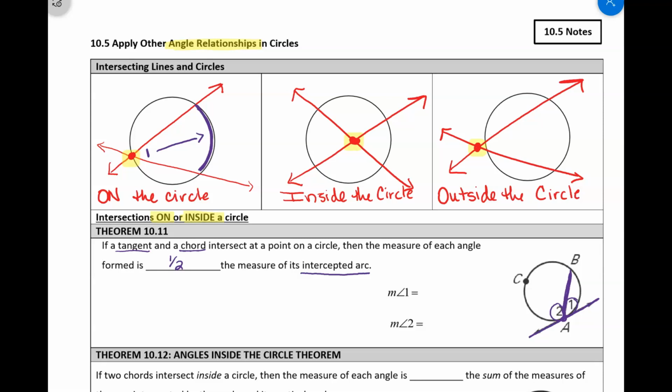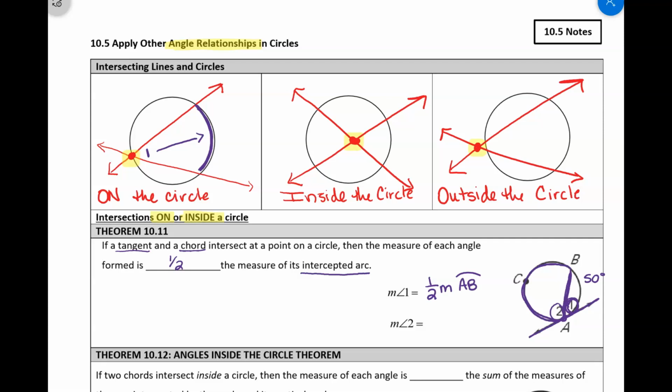So if I have 1, let's focus on 1 first. The measure of angle 1 is going to be 1/2 the measure of arc AB. So if this was 50 degrees, then angle 1 would be 25 degrees. Now the measure of angle 2, it is intercepting a major arc.